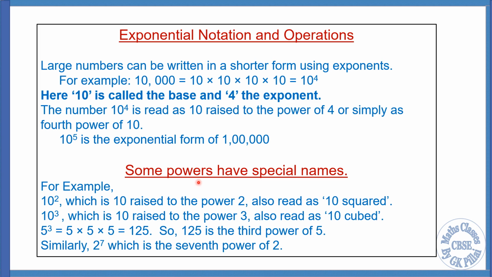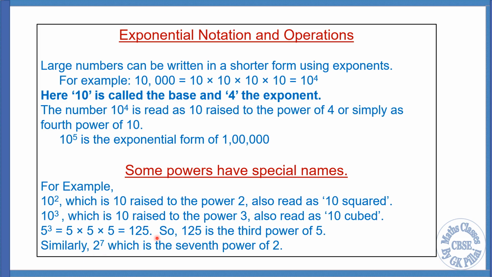Now, some powers have special names. You must be having an idea about this, but I have to anyway discuss this. 10 to the power of 2 will be 10 raised to the power of 2 and also read as 10 squared. 10 to the power of 3 will be 10 raised to the power of 3 and also 10 cubed. 5 cubed, or 5 raised to the power of 3, will be 5 into 5 into 5, 125.